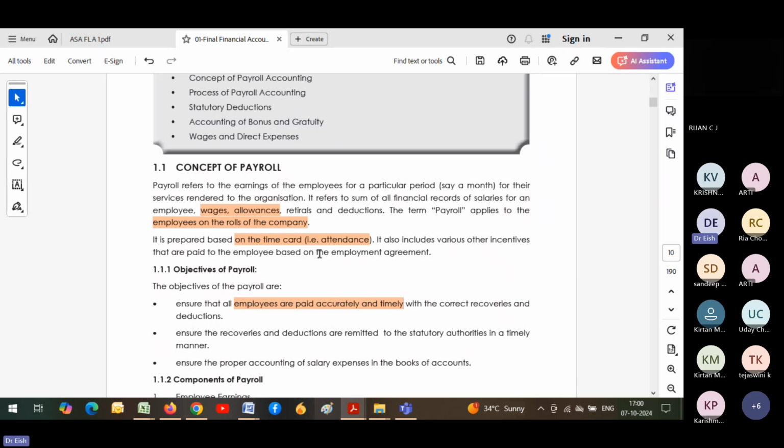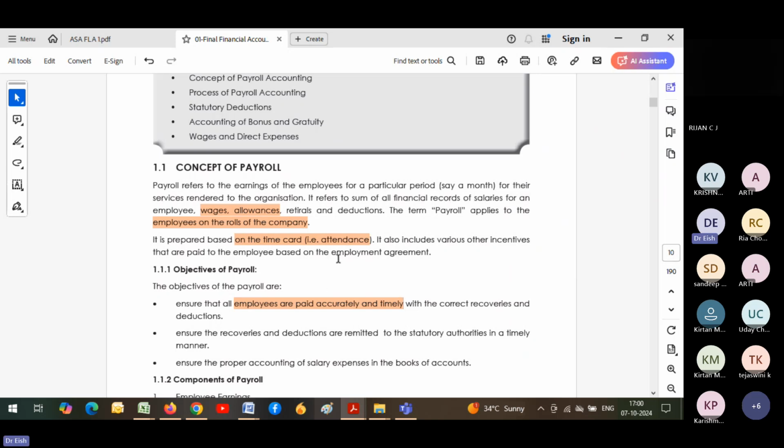Your month's TDS, whether you are in October or September, 7th of October is the date of the TDS. Whatever TDS is deducted, by the 7th it will be paid.